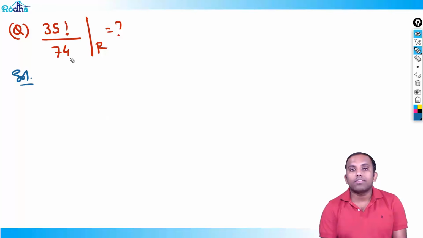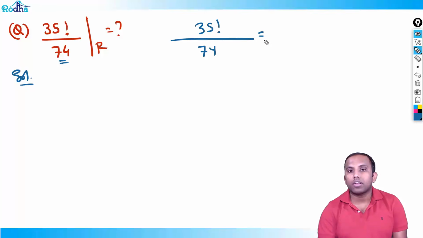So if you observe, it is 74 here, and the numerator is 35 factorial. 74 is not a prime number. For 35 factorial, the next prime number after 35 is 37.